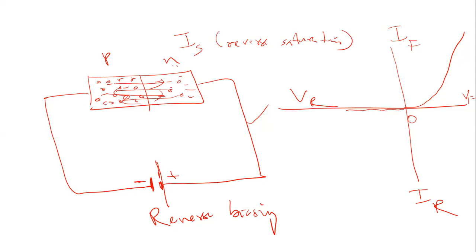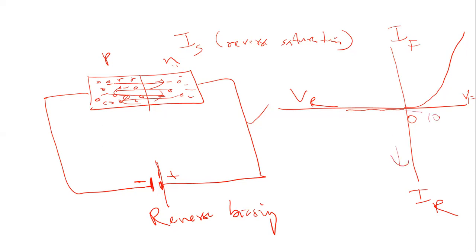But since the amount of minority electrons in the p side and minority holes in the n side is very small, even if you increase the reverse voltage to a large value, the current in the reverse direction cannot increase.